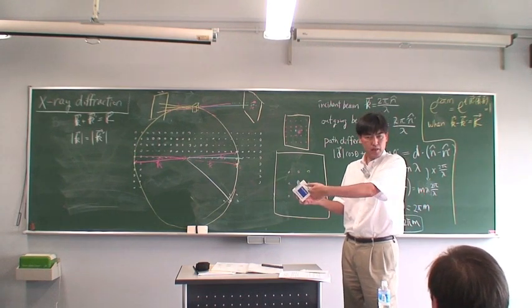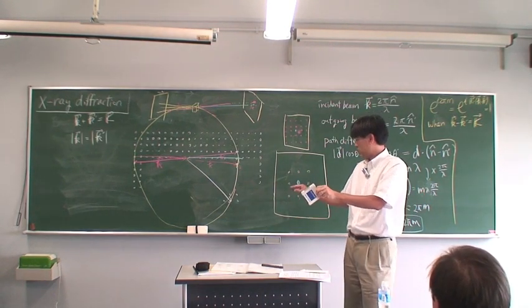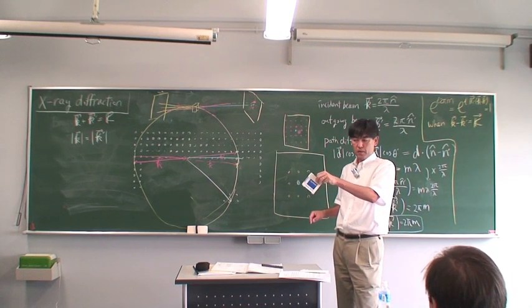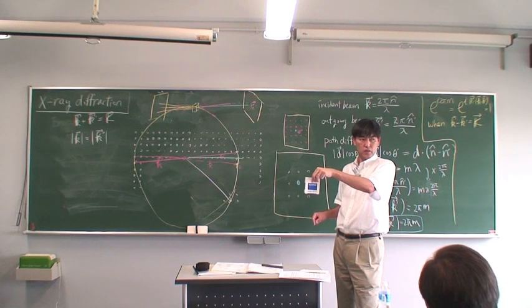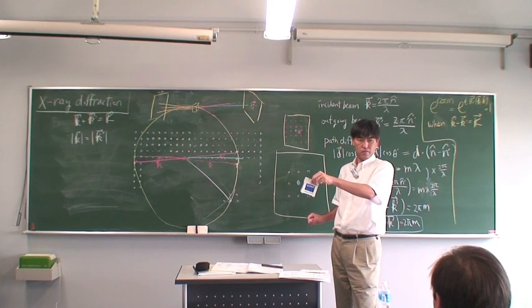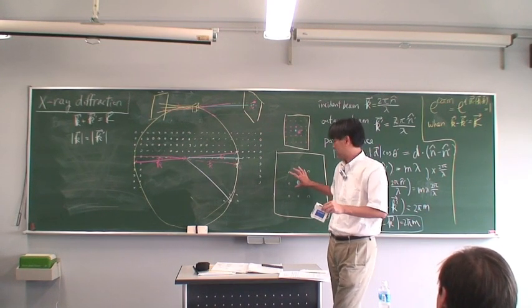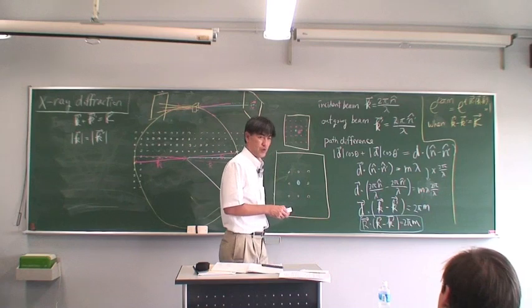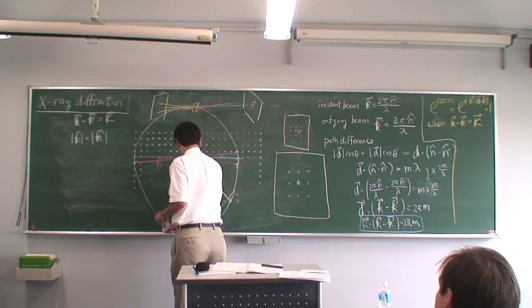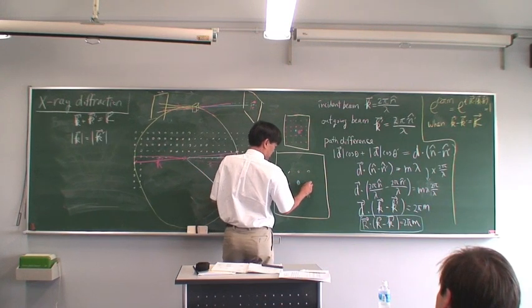I shine X-ray, transmitted beam, some diffracted beam, and so on. What happens if I turn the crystal a little bit? Like this. This will rotate, right? So I get a collection of new points.